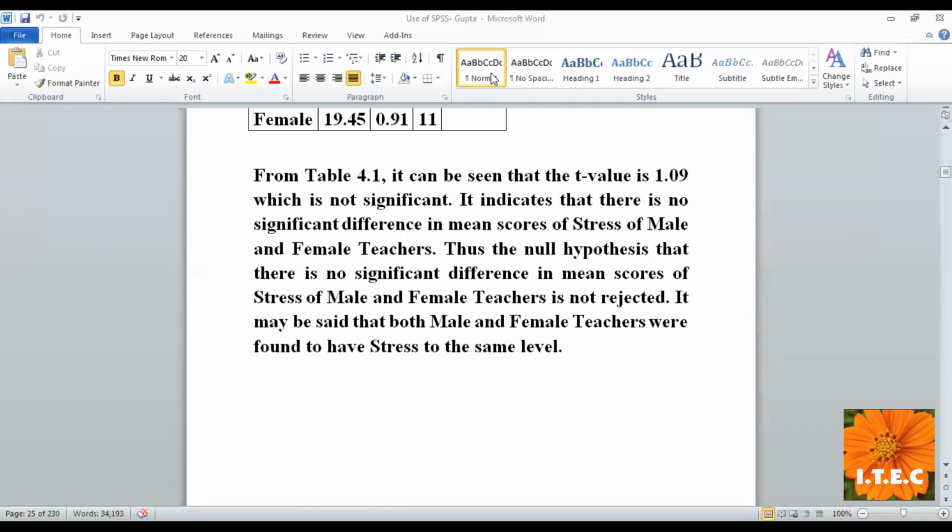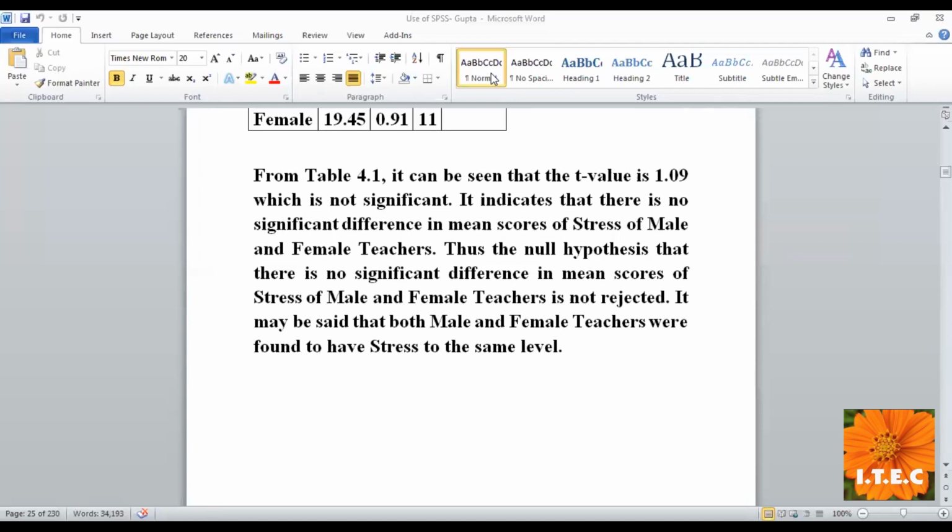You can have as many hypotheses as you like. There is no rule. The only rule is if you have one objective for which you have the quantitative data, then you must have minimum one hypothesis. But if you have one objective and you do not have quantitative data, then you cannot have a hypothesis.